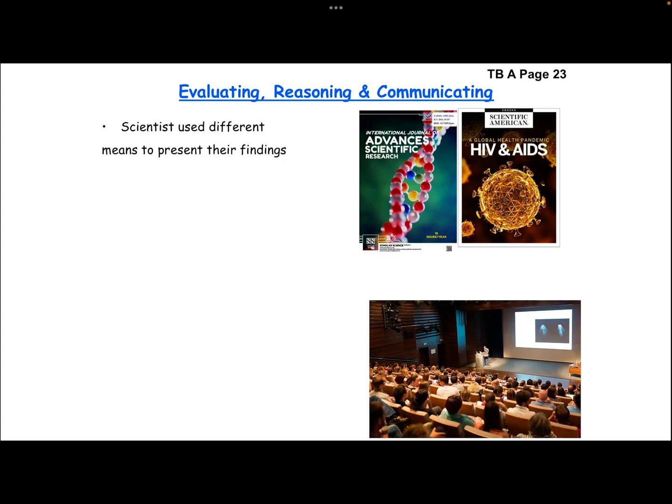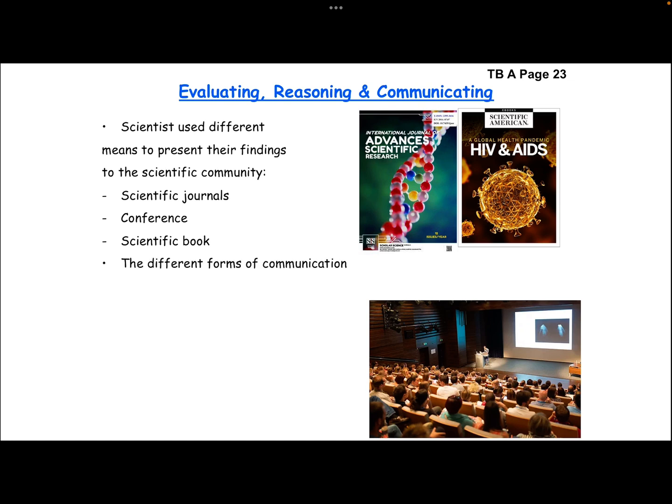Scientists use different means to present their findings, such as scientific journals for people who will go on and study further. We study a lot of scientific journals in universities. We go to conferences to listen to the experts share what they have discovered. And if you have a lot of articles, they might publish them in the form of a scientific book.